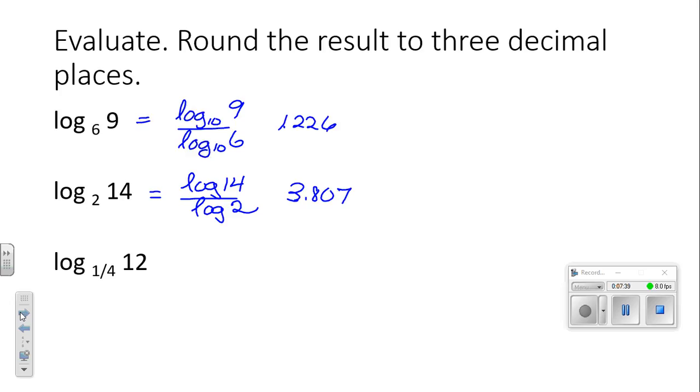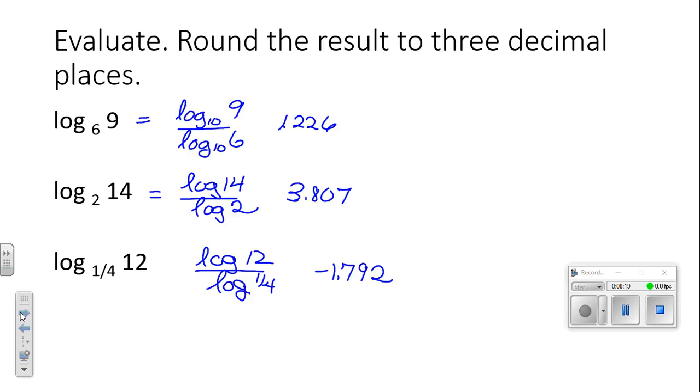All right, what about this one? How are we going to divide it? What do you think, Andrew? Good. Or 0.25, right? Okay. And what do we get? Negative 1.792, thank you.